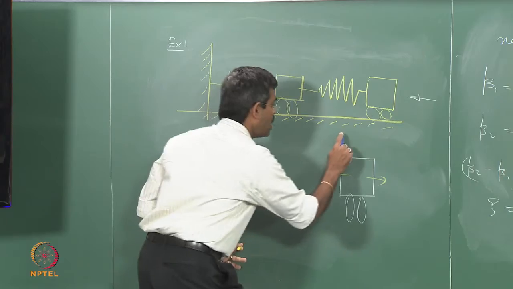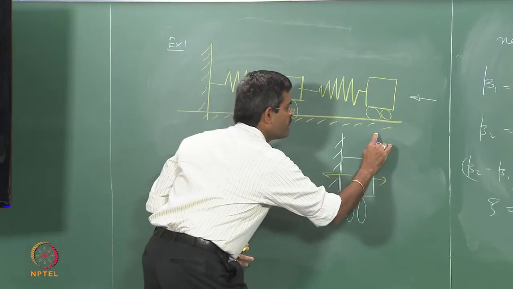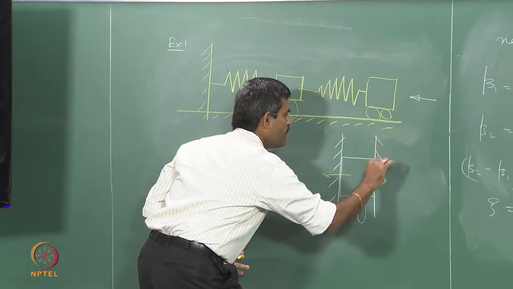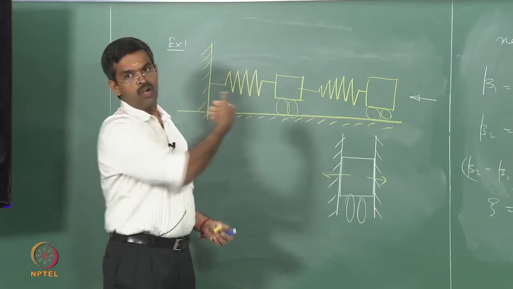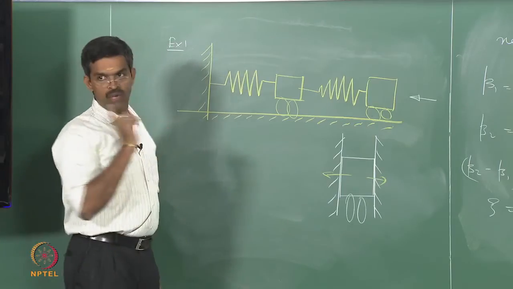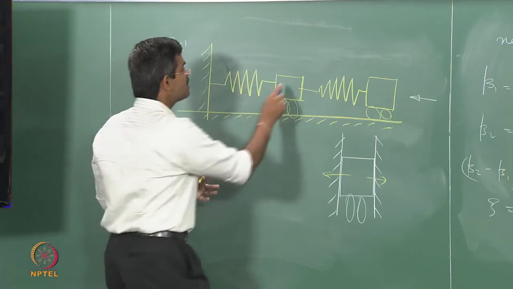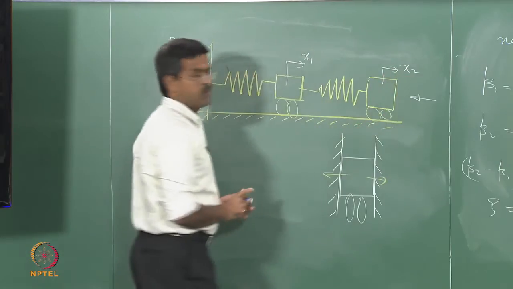So I put an artificial constraint here, which assumes that the mass does not move normal to the plane also. Now the mass has only one freedom. Each mass has a different freedom. Why?